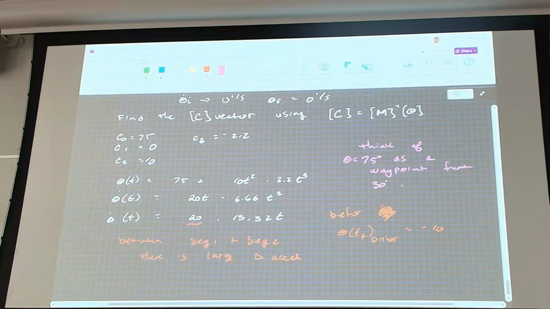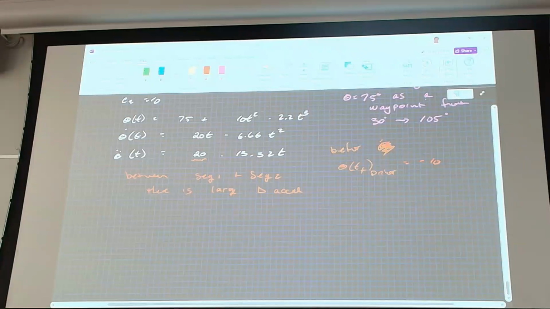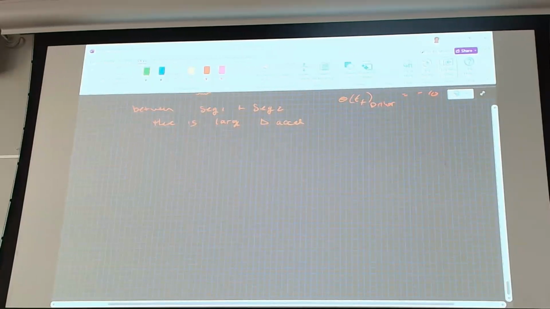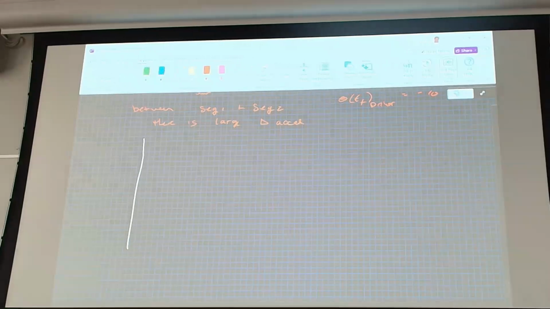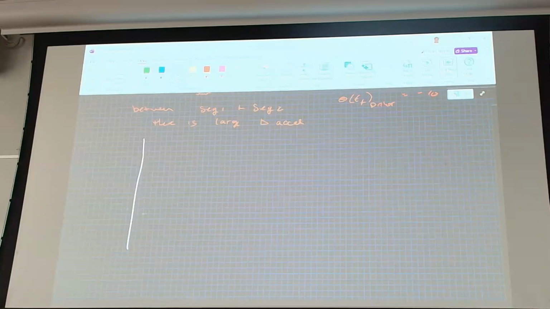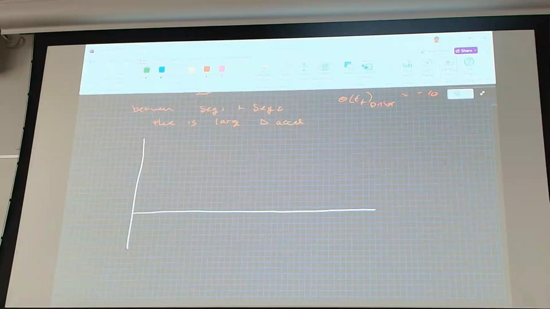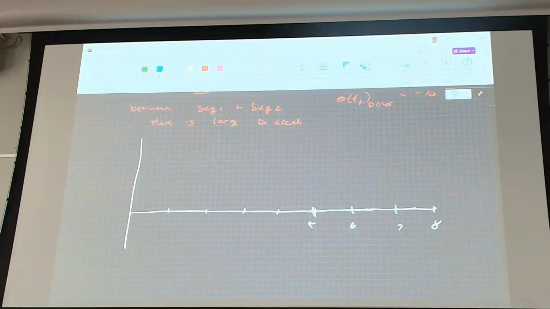From 30 degrees to 105 degrees. So if we draw our graphs again, so here we are at 5, 6, 7, 8.